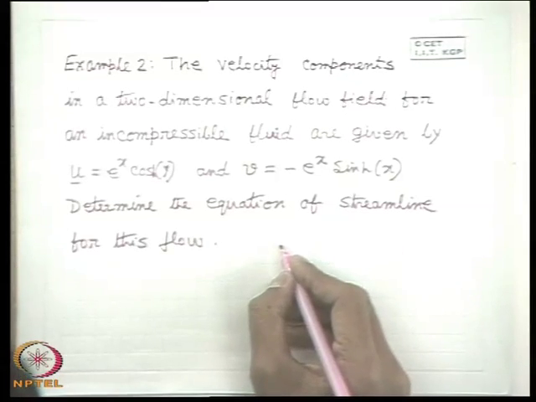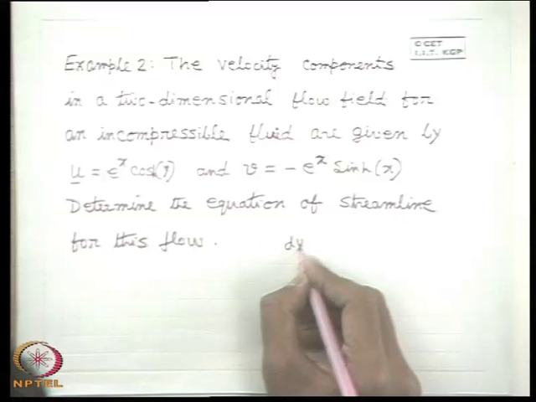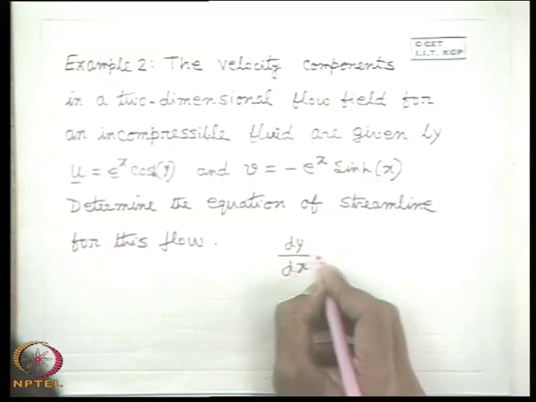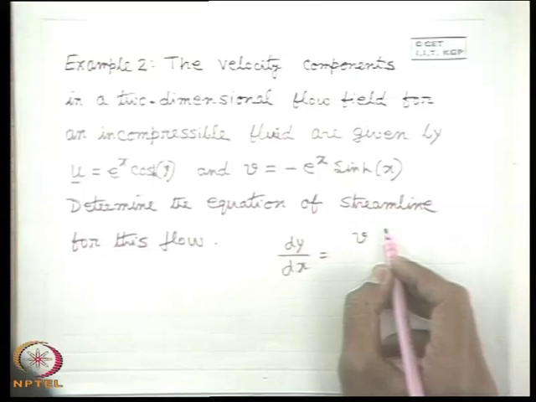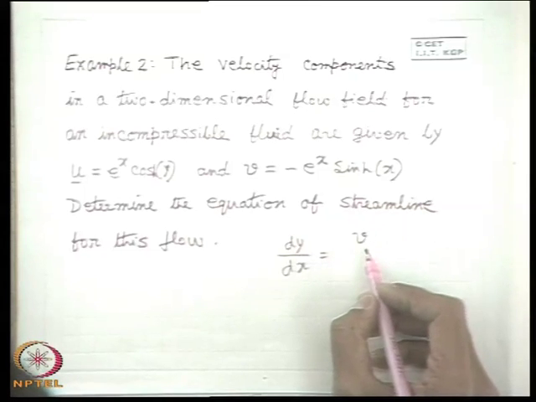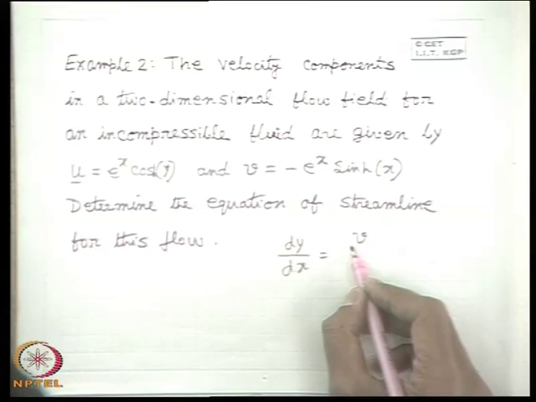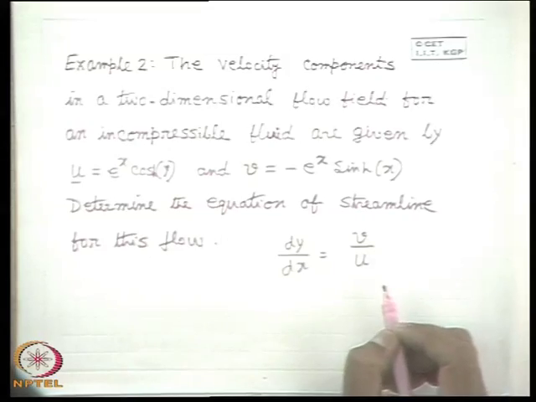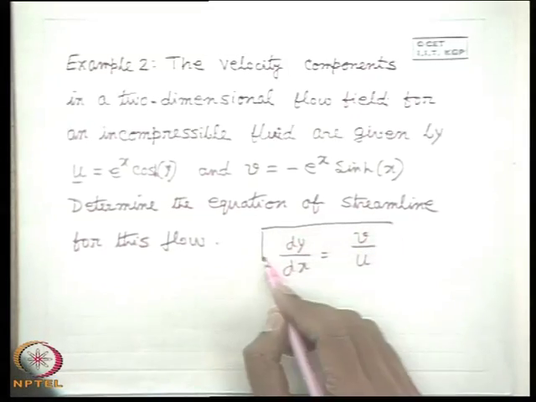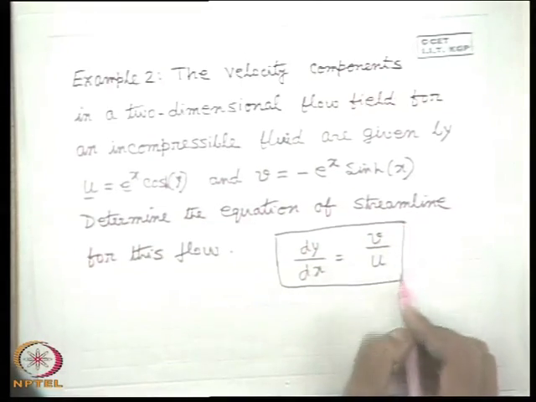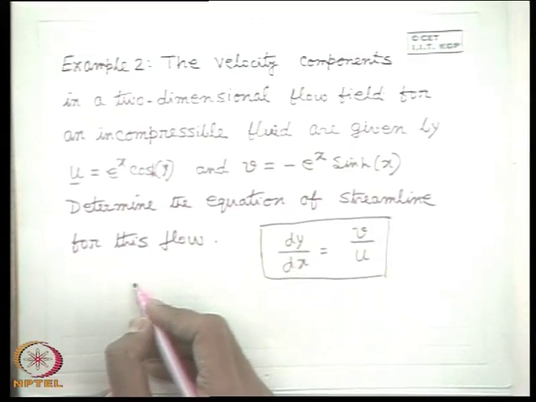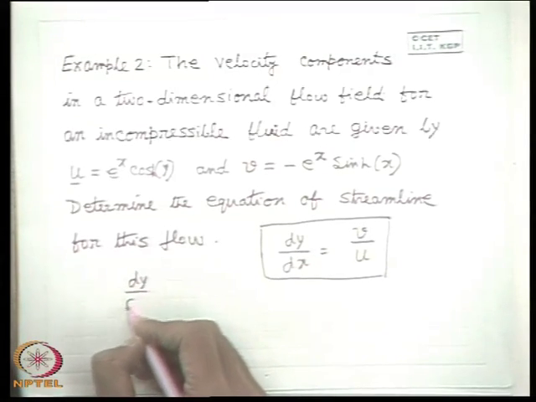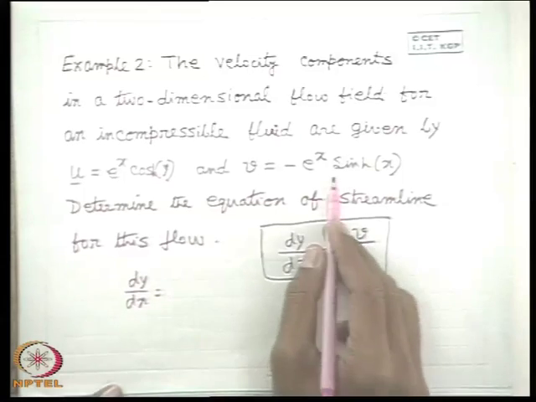As you know, if you recall, for a two-dimensional flow field, the equation of the line, which is the streamline, represents the velocity vector as the tangent at every point to this line, and is given by dy dx is v by u. So, this is the equation of streamline. Fluid mechanics ends here. What remains is simple school level mathematics, that is dy by dx is v by u.